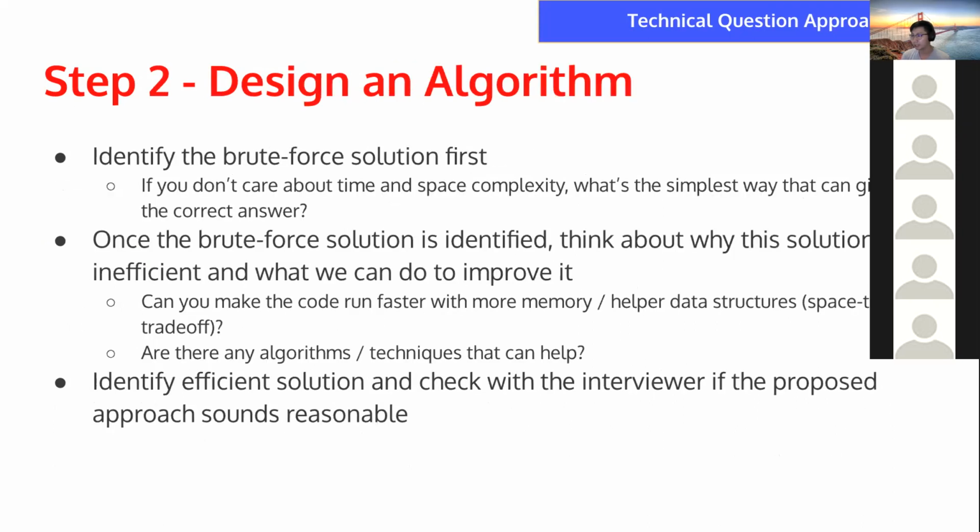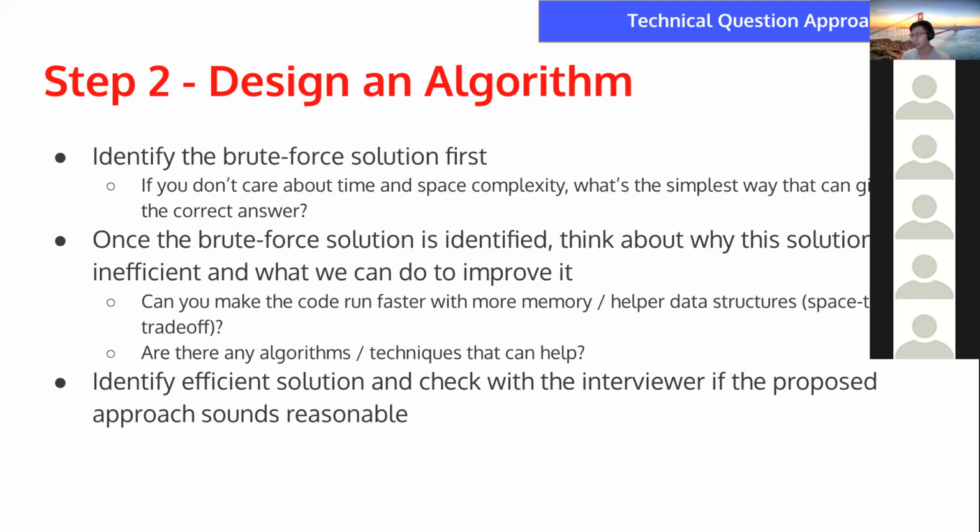And once you do that, you can then move on to designing an algorithm. The first thing you may want to do is to identify the brute force solution. This is because you want to just try to come up with the easiest answer to the question, which oftentimes is a brute force solution.